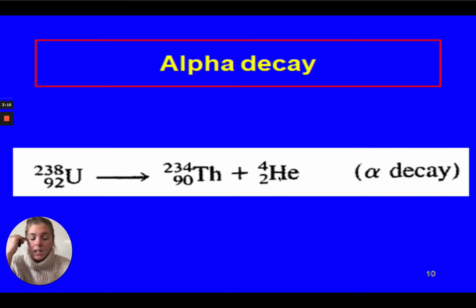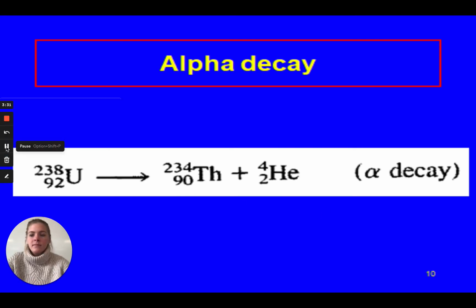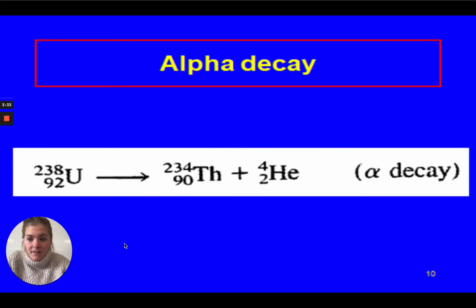And then 90 plus 2 is equal to 92. So we have this new particle that we've created. If uranium goes through nuclear radiation, we result in this new atom plus an alpha particle. We're going to do more examples of this in a little bit.